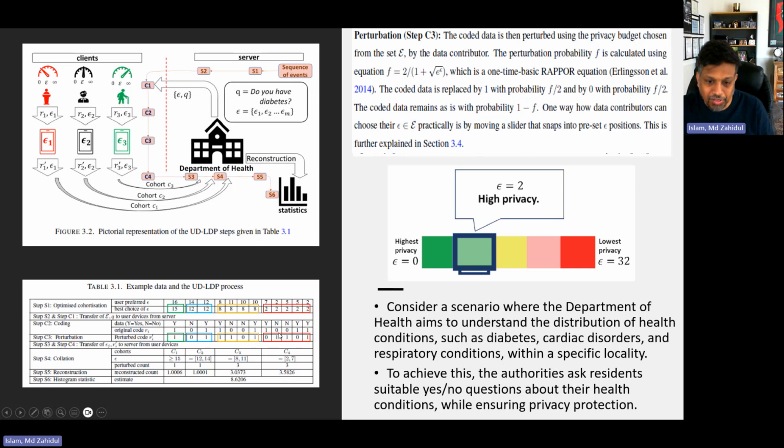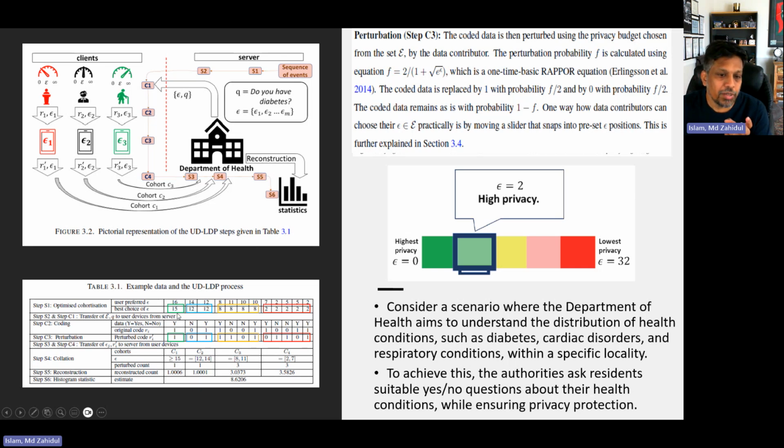The actual answer is 2. The original was 1, 0, 0, 1, 1, with 3 ones, and the perturbed value is 0, 1, 1, again 3. But they are estimating 3.5, so it's not as accurate an estimate. That's because the epsilon value is very low.